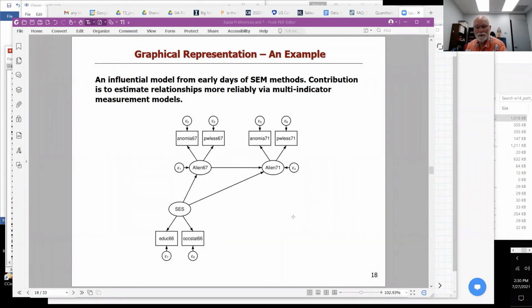Okay, here's another famous example from the early literature, and what it brings in is a model with indicators and latent variables. So this is a very influential model developed in the early days.